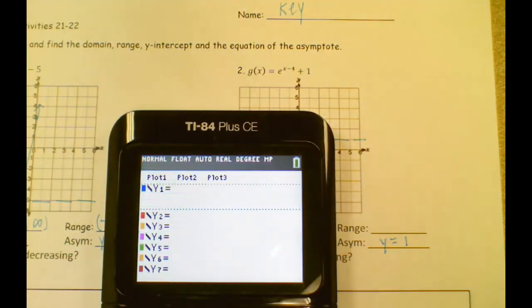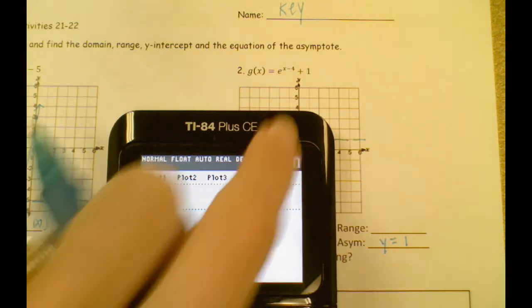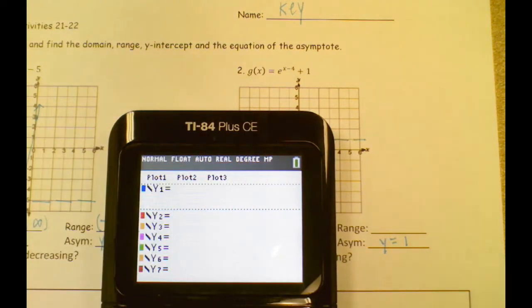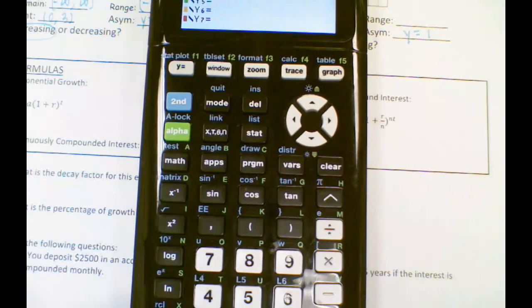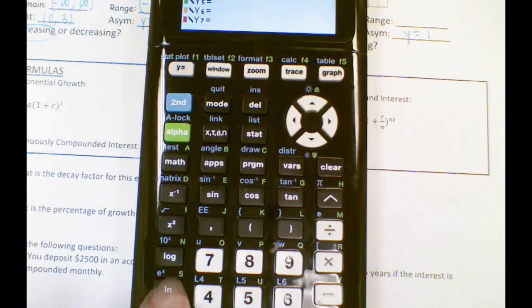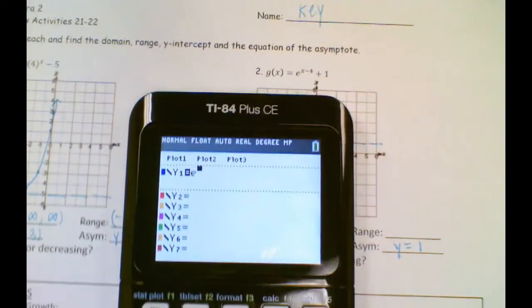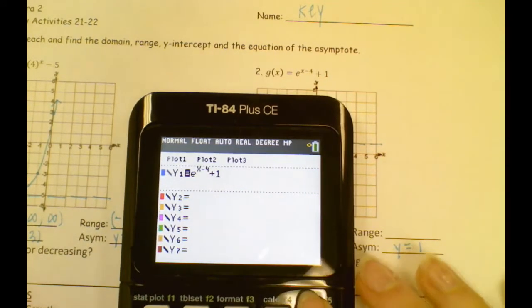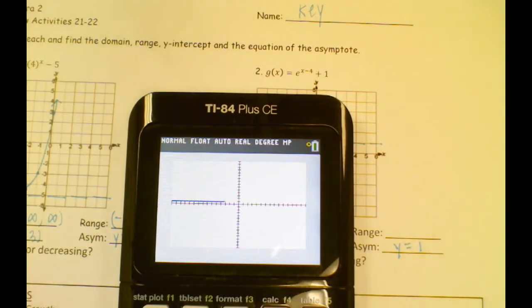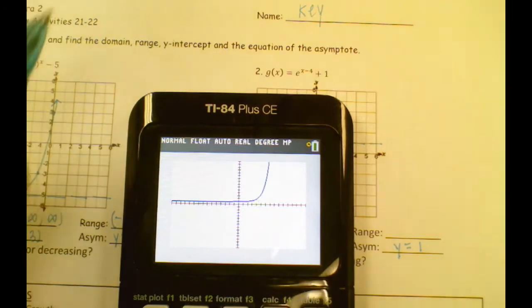So remember, to get the E button, you hit second and the division sign. Or if you want to put the exponent in, you can hit second and the ln button, which is all the way down here. Right there. Okay? X minus 4 plus 1. So see how it kind of got moved up 1?